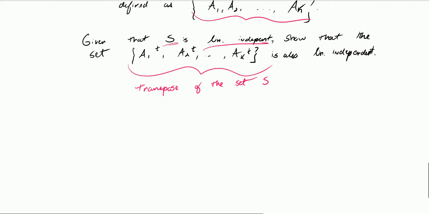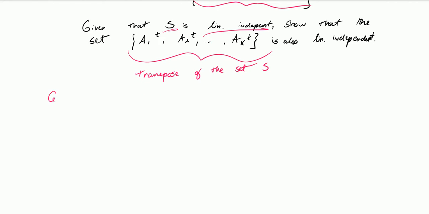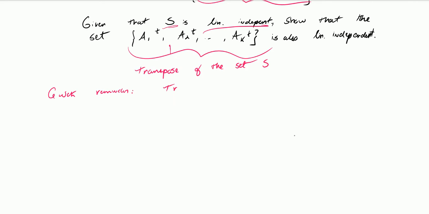So if you don't, just a quick reminder. A transpose is done by switching the first row of the matrix with its first column, and then so on and so on.